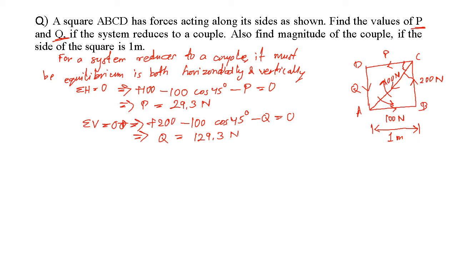Now second statement, what it is asking, find the magnitude of the couple if the side of the square is 1 meter. Magnitude of the couple.